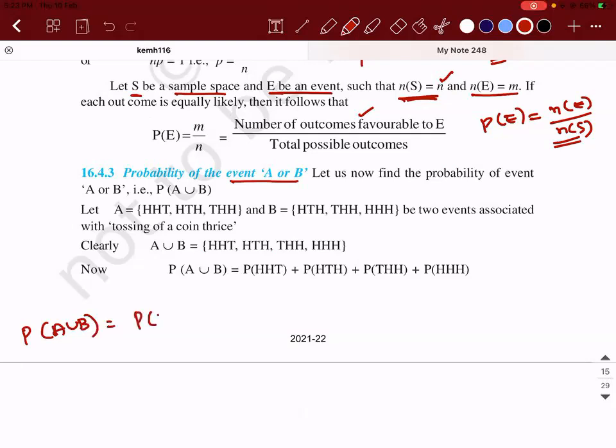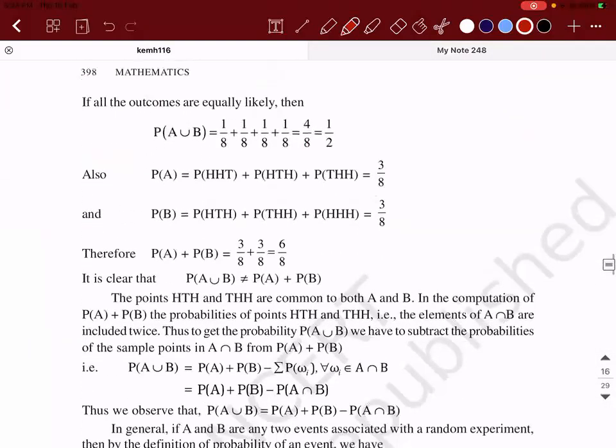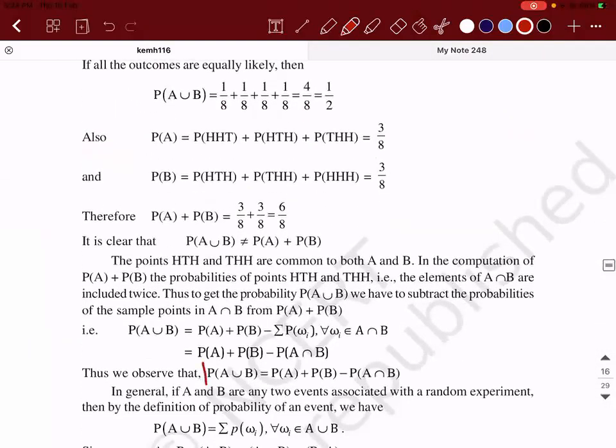So it is probability of A plus probability of B minus probability of A intersection B. That's it. So this is what they're saying. For that, what they have done is they have taken some example and they try to prove it using the sum and difference of all those values. I already proved it using the Venn diagram method. Okay.